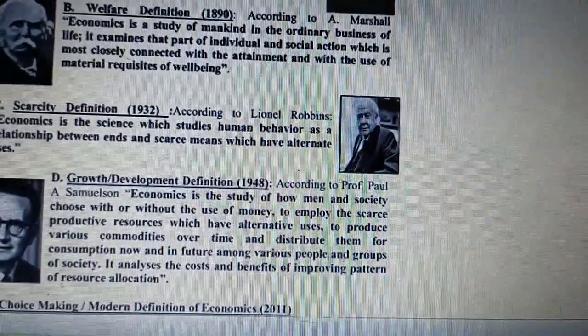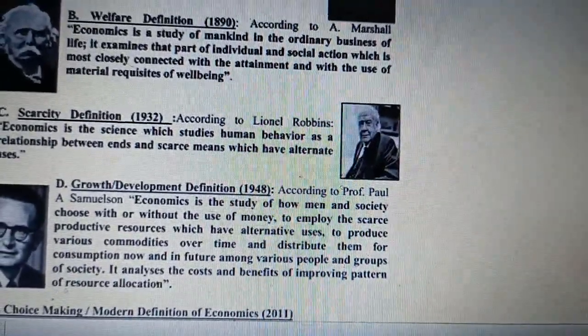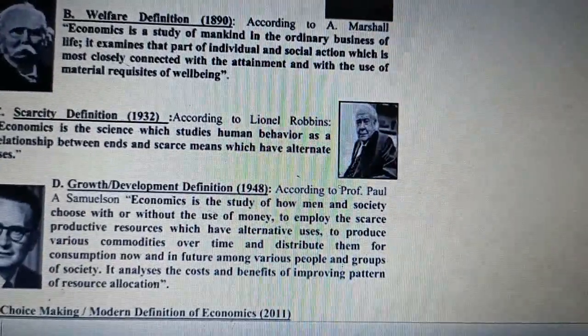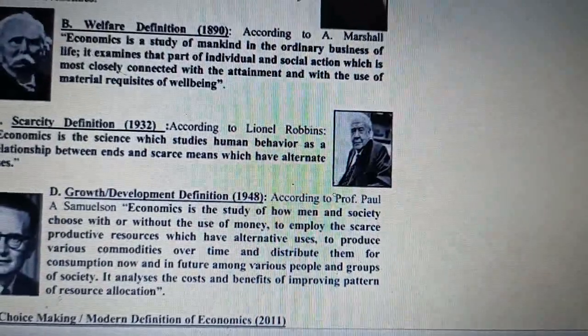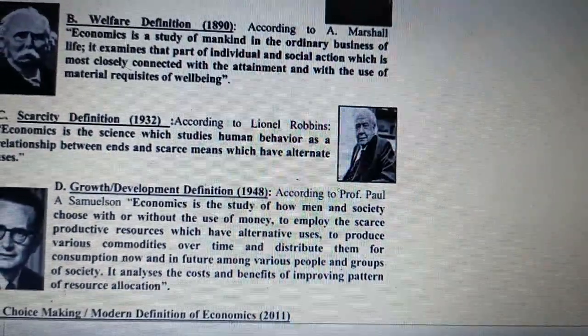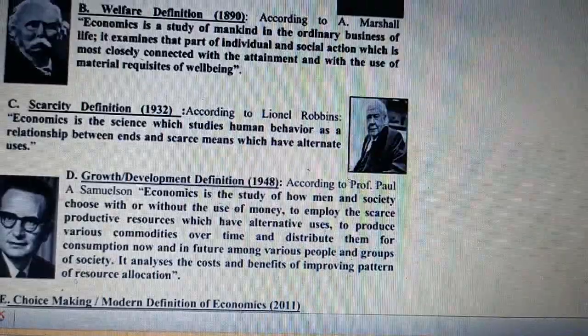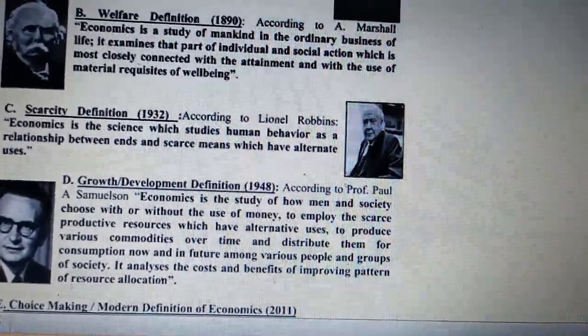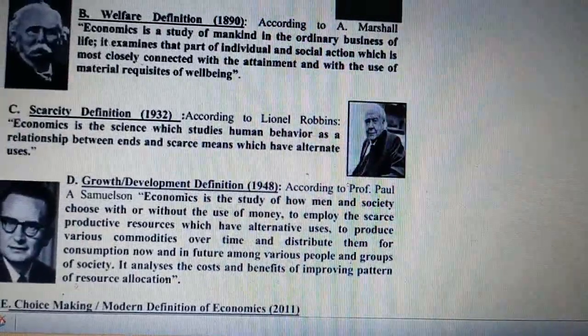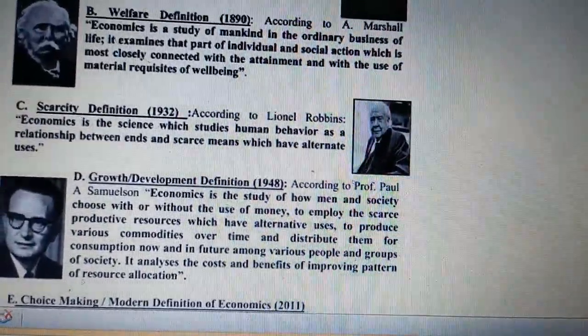Economics is the study of how man and society choose, with or without the use of money, to employ the scarce productive resources which have alternative uses, to produce various commodities over time and distribute them for consumption now and in future among various people and groups of society. It analyzes the costs and benefits of improving patterns of resource allocation.